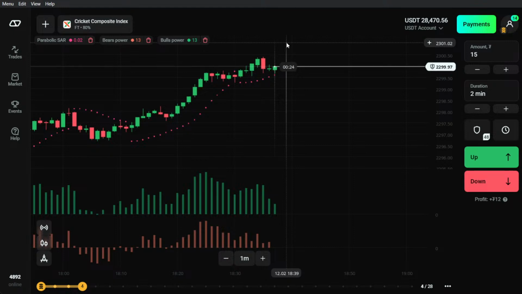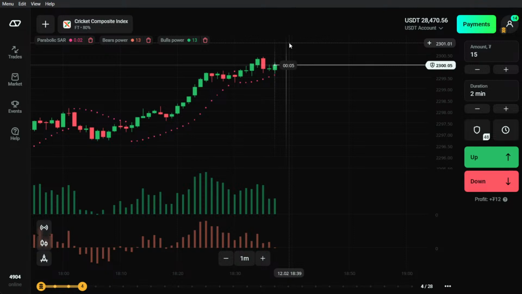So you need to wait for all the three signals. What three signals? The bear power below the zero line, the bull power below the zero line, parabolic above the candle and the color of the candle is red. Only then you make a 2 to 3 minutes down trade.